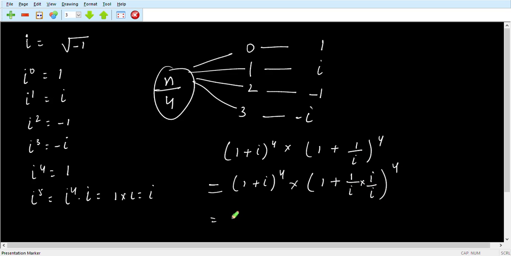So this will become (1 plus iota) to the power 4 into (1 plus iota upon iota to the power 2) to the power 4.